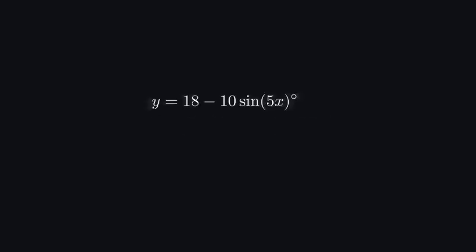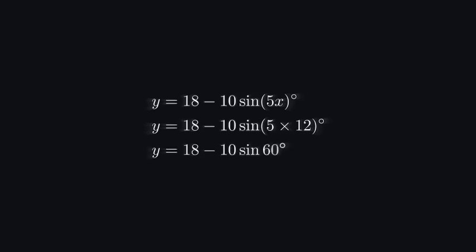y equals 18 minus 10 sin of 5x degrees. y equals 18 minus 10 sin of 5 times 12 degrees. y equals 18 minus 10 sin of 60 degrees.